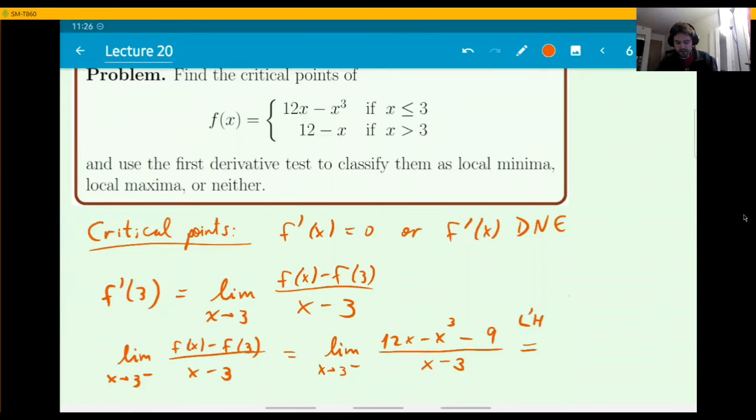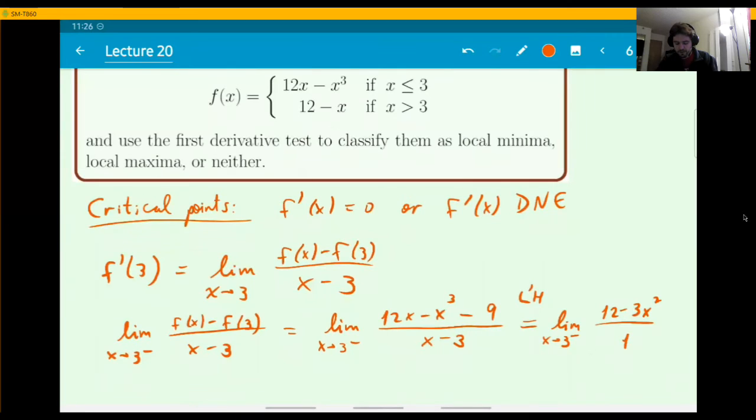Now we have that at our disposal. So doing that very quickly will lead you to 12 minus 3x squared divided by plus 1. And this limit is whatever it is. 12 minus 27, so minus 15.